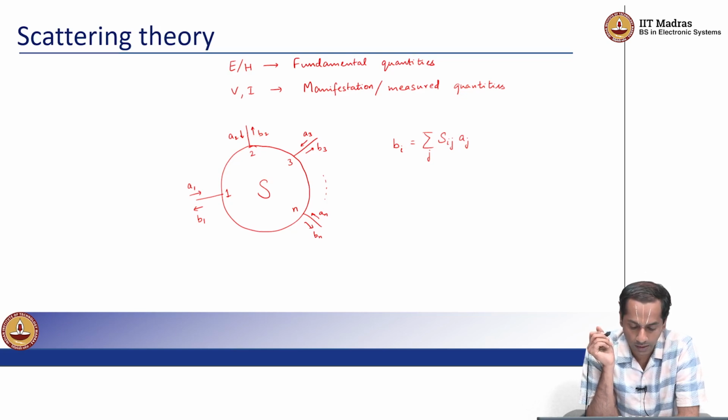And if I were to make a good accounting book of all the powers coming in and leaving, right, I should be able to make this statement, right? That is, the power or wave amplitudes leaving a particular port, right, is essentially the sum total of all the incoming signals, right, and is being scattered at this junction, right?